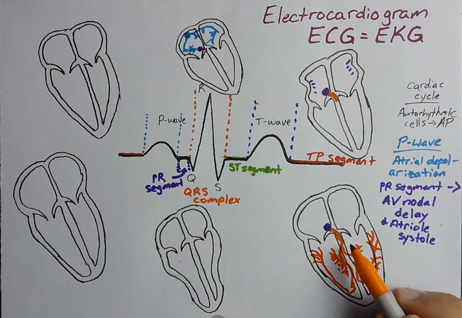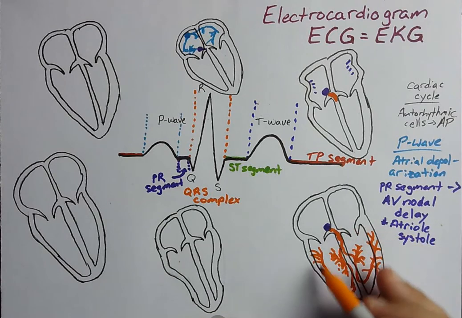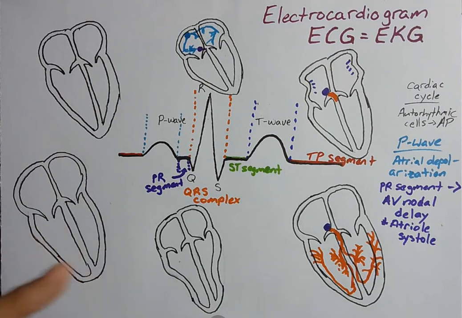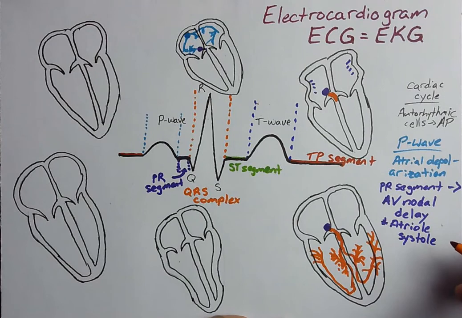So this current goes through the bundle of His, the bundle branches, and the Purkinje fibers. And as it does that, doesn't it stand to reason that a huge chunk of tissue is depolarizing as all of this current rushes down into the apex of that heart? And that's exactly what the QRS complex is a representation of.